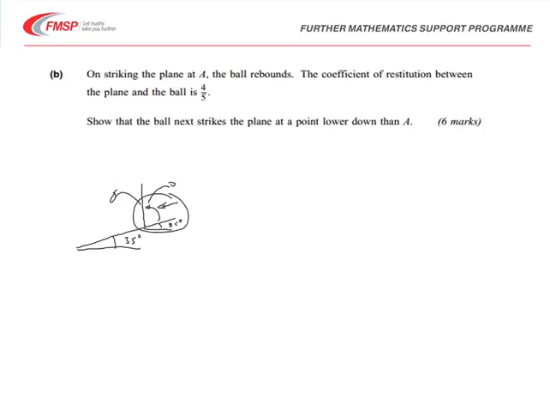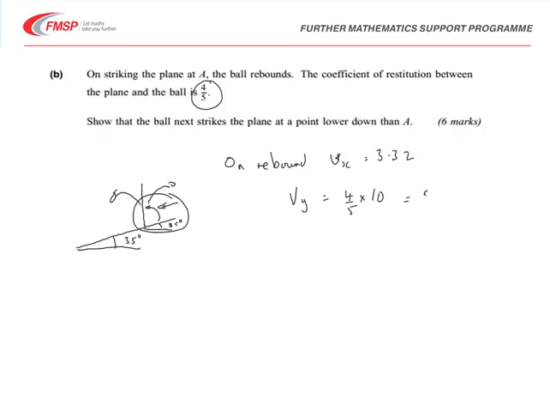So what we need to show is that this angle plus the 35 degrees is greater than 90. To calculate that, we can take the components on rebound. The x component is not going to change, so Vx is equal to 3.32 from the first part of the question. There's a coefficient of restitution of 4/5, so that will change the y component, which will now be equal to 4/5 multiplied by 9.99, or to two significant figures 10.